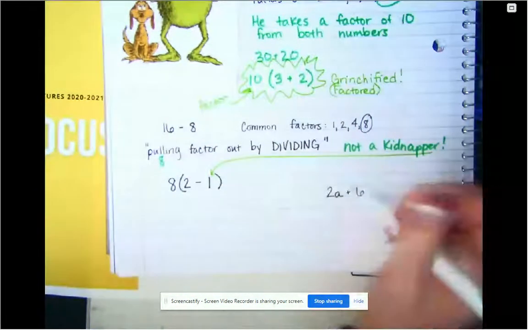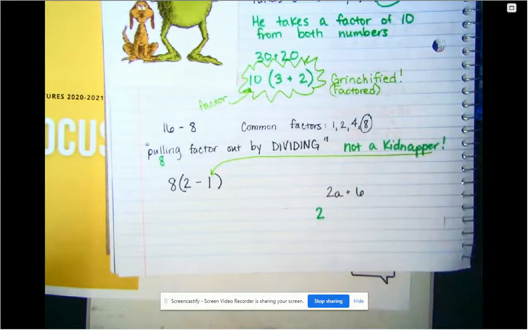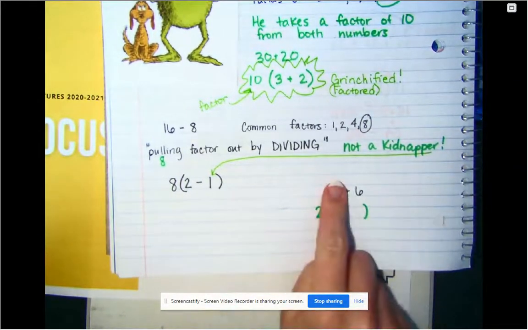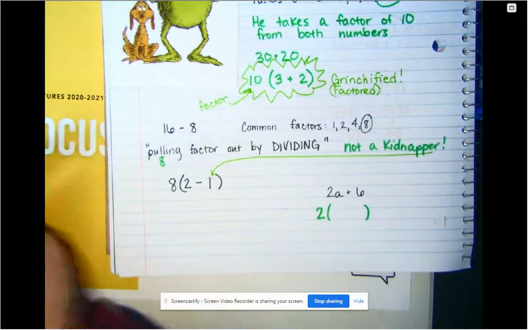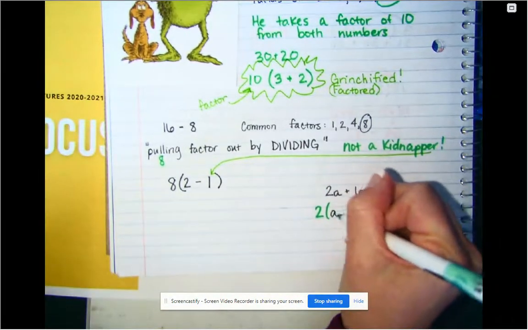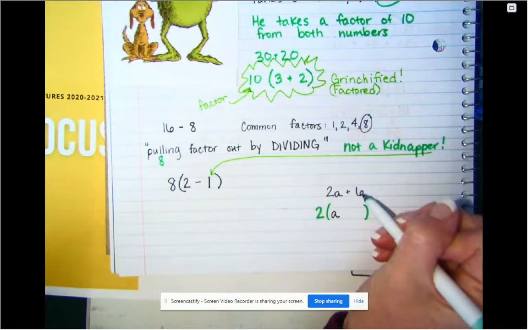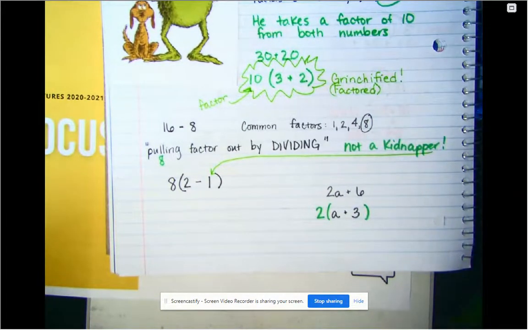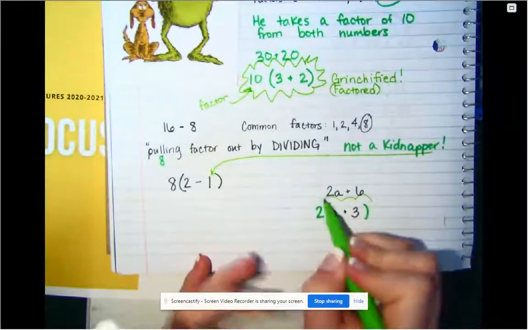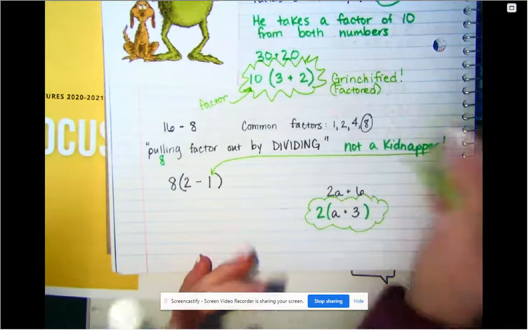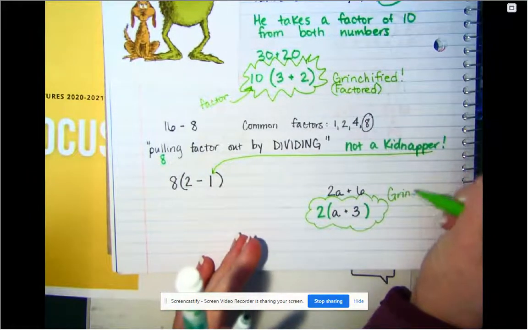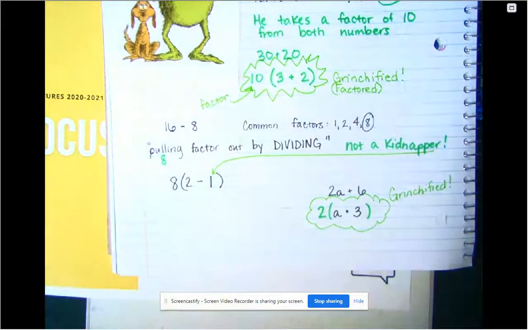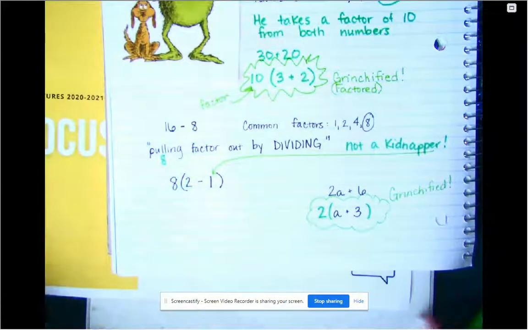So the Grinch takes 2, and then we say, all right, what is 2a divided by 2? I'm left with just a. 6 divided by 2 is 3. And now we have here another Grinchified expression. And that's all for factoring an expression part 1.